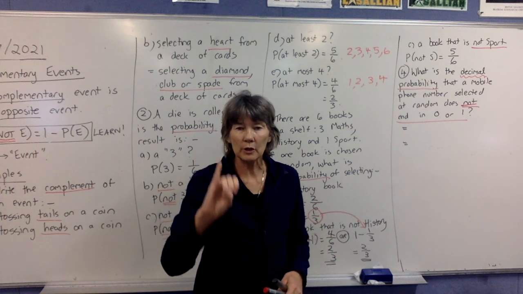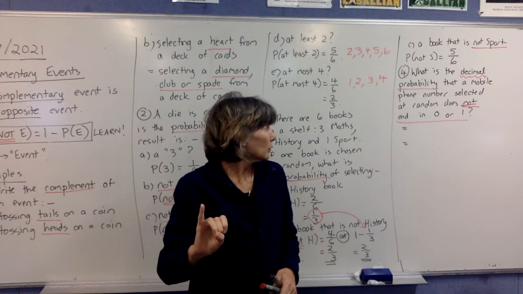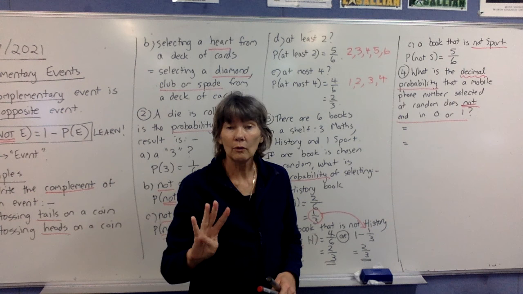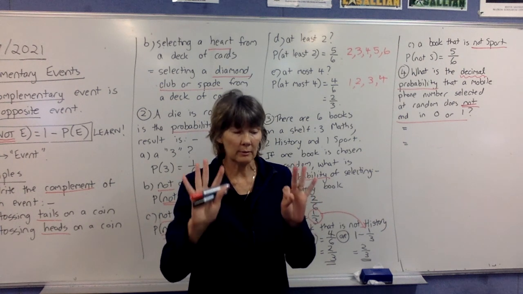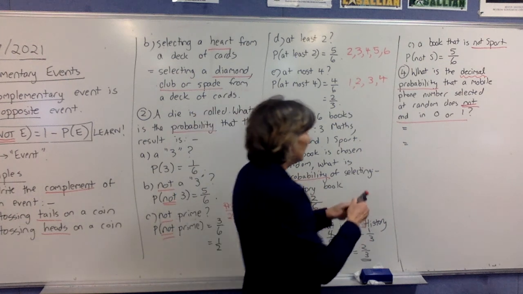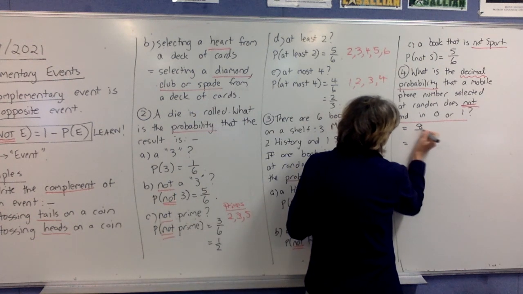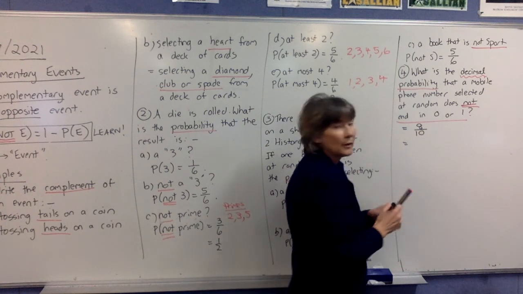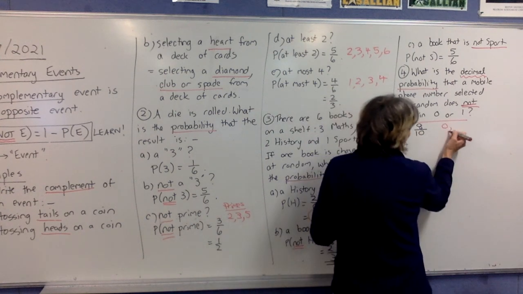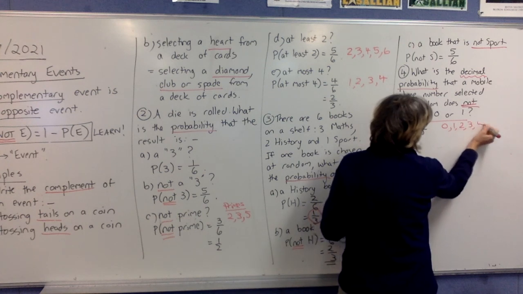So that means it can be 2, 3, 4, 5, 6, 7, 8, 9. So there are 8 things that it can be out of 10 digits.